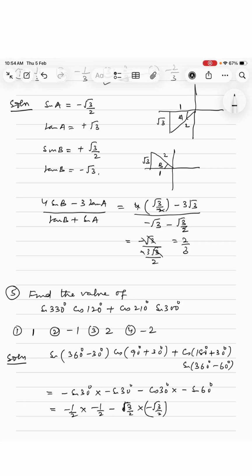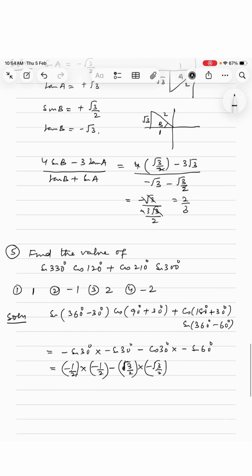You can put this in brackets. Therefore, this is 1 by 4. Minus into minus becomes plus 3 by 4. Therefore, answer is 4 by 4. Therefore, answer is 1. Therefore, correct option is the first one.